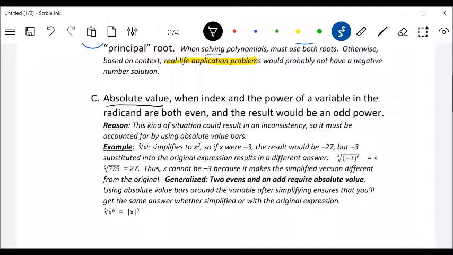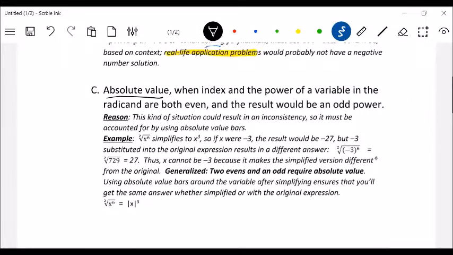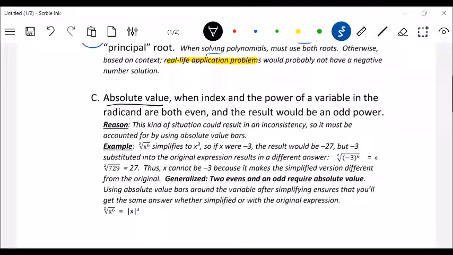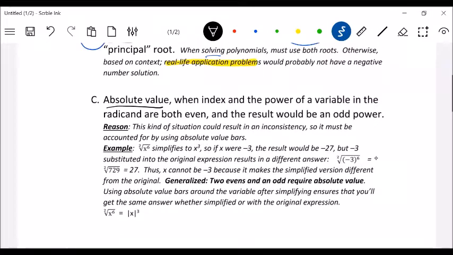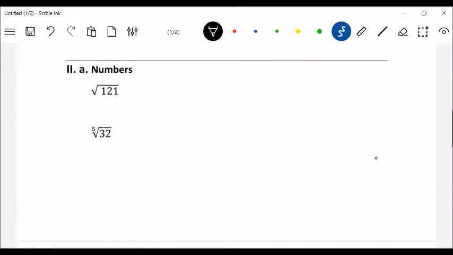We recognize that you can't have a negative result for even roots. You can for odd roots, though. All right, that you can read yourself and just know it's not an issue. I am not going to insist on the absolute value for these. So let's take a look at it.